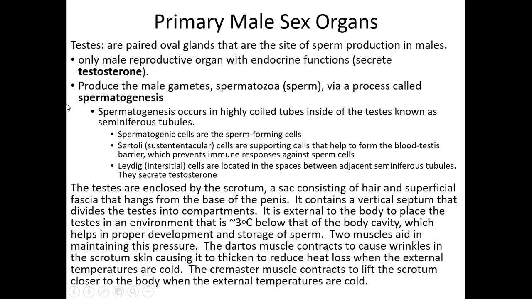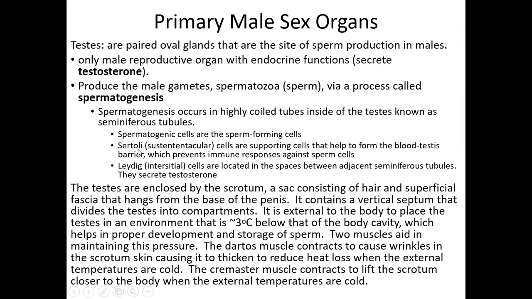The production of sperm is called spermatogenesis, which literally has the word sperm in it and ends with genesis, which is just a fancy word for creation. It takes place in a type of highly coiled tubes inside of each testes called seminiferous tubules. Inside of these seminiferous tubules are the actual sperm forming cells called spermatogenic cells. Their name is telling you exactly what they do. Spermatogenesis is performed by spermatogenic cells.